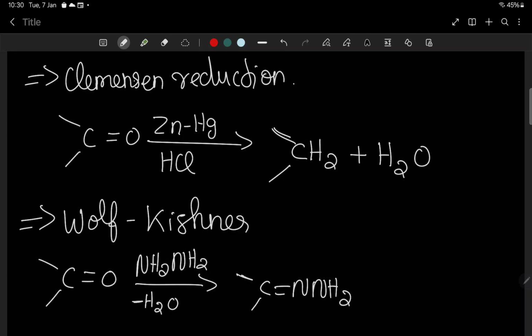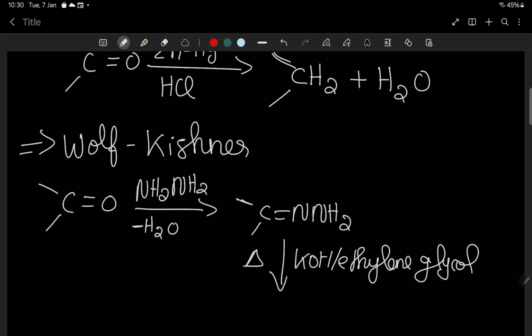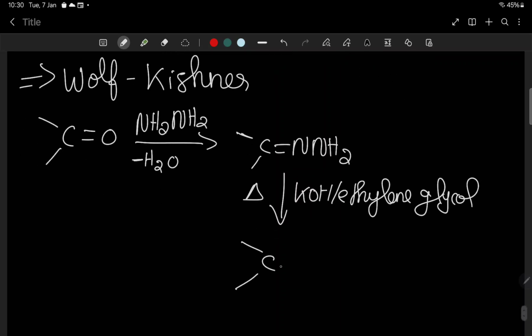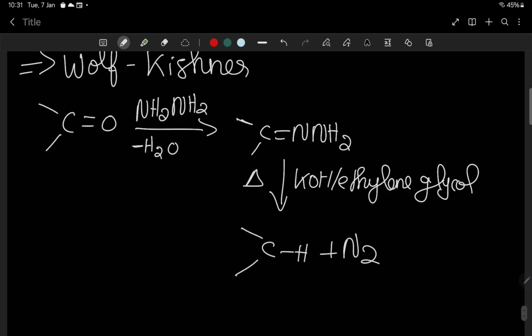What is this compound? Hydrazone. Into this hydrazone we are adding KOH in ethylene glycol and heating. So we get the corresponding hydrocarbon plus nitrogen gas. Here we got water, here we are getting nitrogen gas.